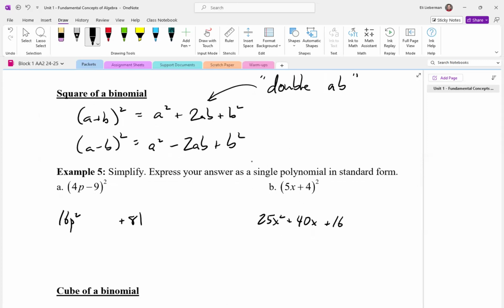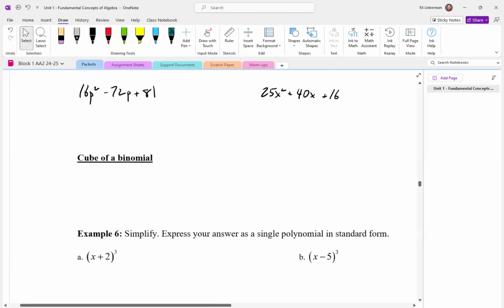On the count of three, let's hear it. 1, 2, 3. Minus 72p. Is there a question about where that came from? Should be a very pleasant process to get that middle one, as opposed to using distributive property. Distributive property is great, but don't overuse it. If it's not necessary, avoid it if you can.